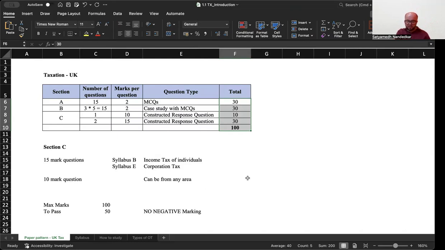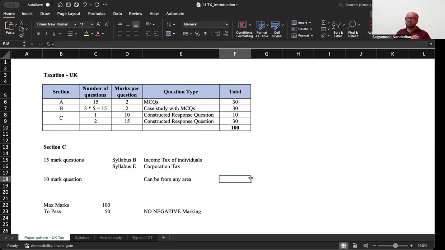So section B again is for 30 marks. And your section C is slightly different as compared to FR, FM, and PM. Here, section C has three questions. There are two questions worth 15 marks each, and then there is one question worth 10 marks. Now, section C, which is the constructed response type, has basically descriptive questions which will ask you to calculate 3 or 4 different items.